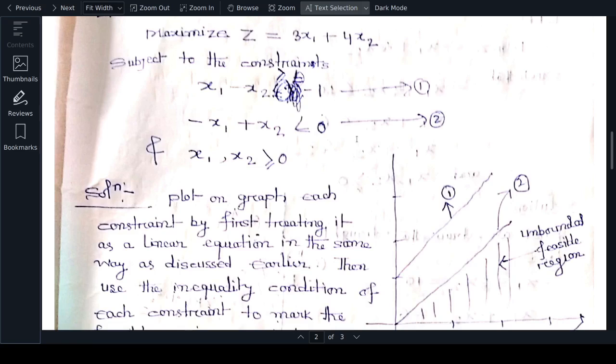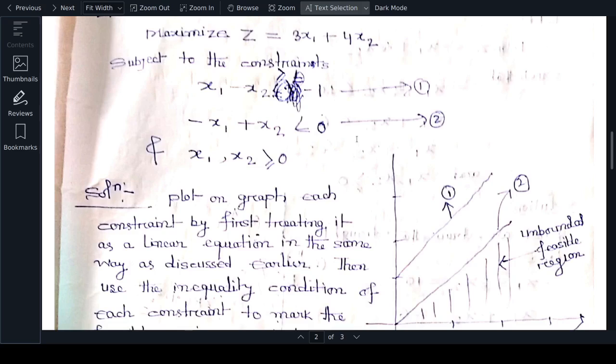If we do not get the common region, called the feasible region, then we cannot get the solution. So first you check whether we can get the feasible region. First you substitute x1 0, x2 0 in the first constraint. So 0 greater than or equal to minus 1, so it is satisfied.